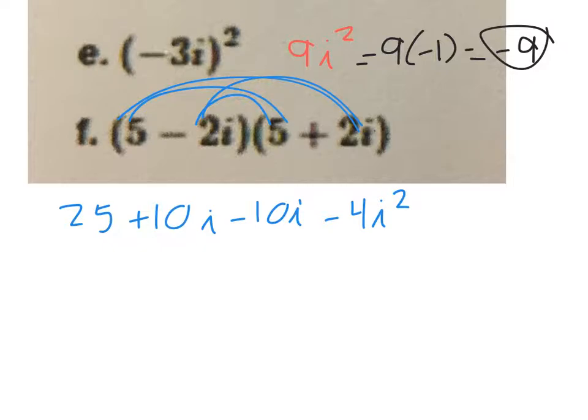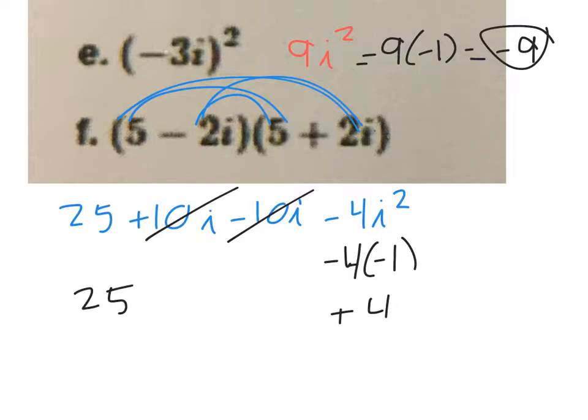Now look what happens. 10i minus 10i goes to 0. And then i squared is the same thing as negative 1, so I can rewrite that as a positive 4. So I've got 25 plus 4, which is just 29.